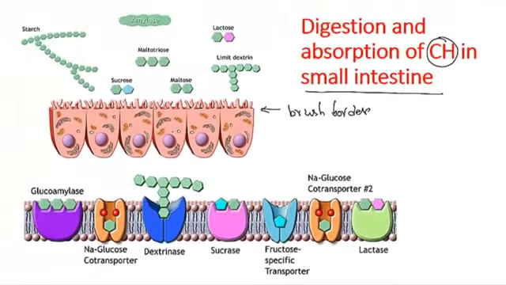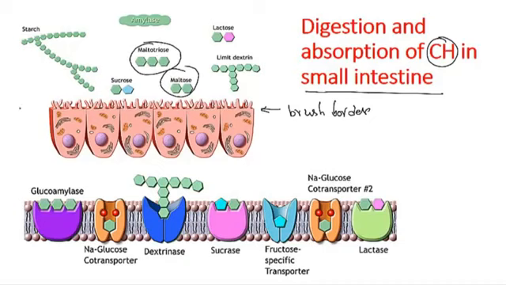In this case, normally glucoamylase breaks down maltose and maltotriose. So there are different enzymes. Dextrinase breaks down dextrin. Okay, I'm not writing it here.